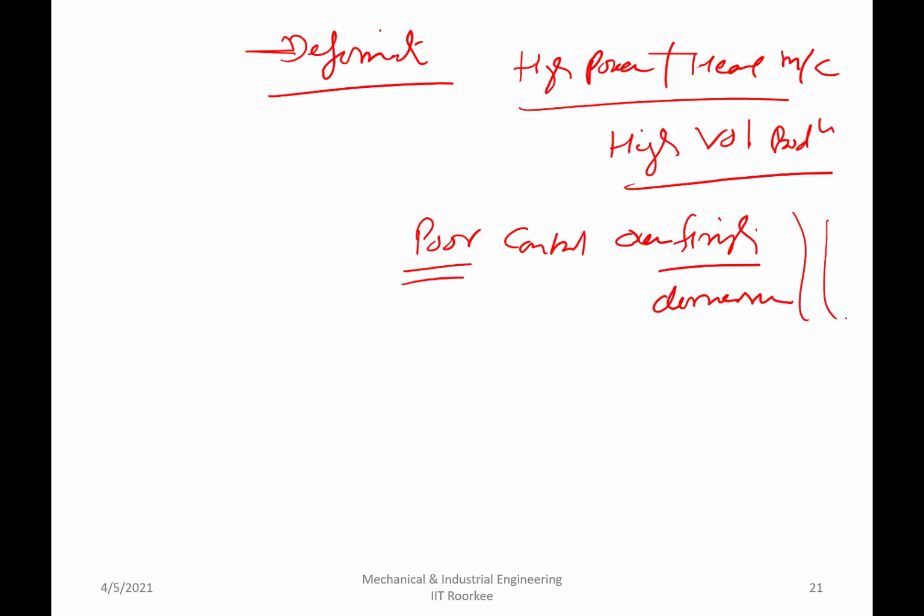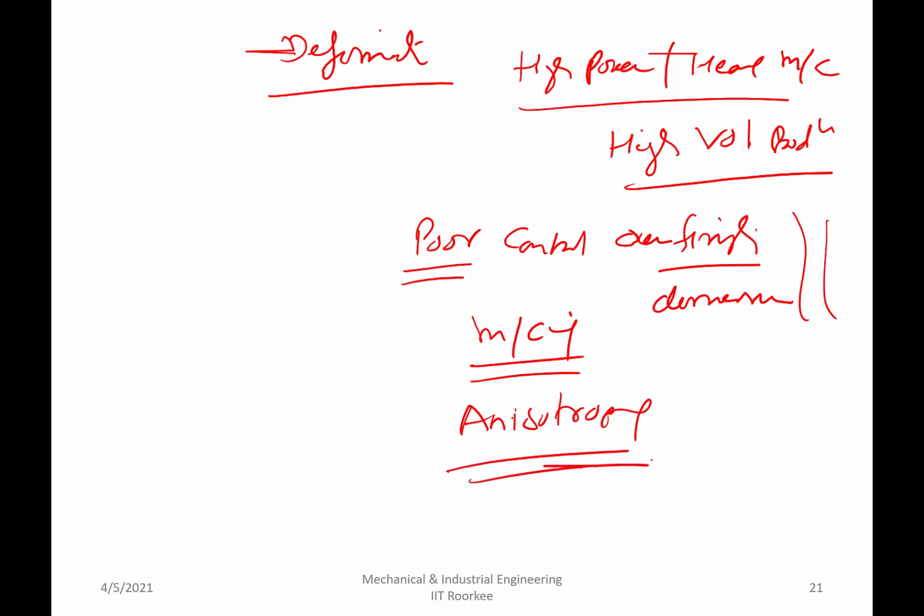And if the finish and dimensions are poor, then certainly you need machining to get the desired exact size, shape and finish. Okay, anisotropy, I have already talked about anisotropy, that property variation from the surface to the core due to the differential deformation being realized. The surface roughness is high, I have already talked, the surface roughness is poor.